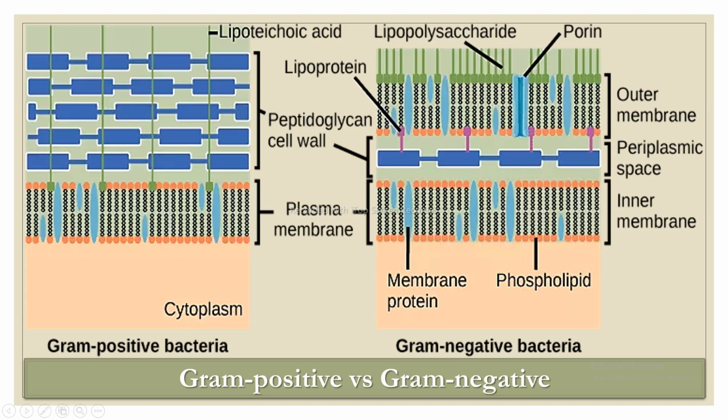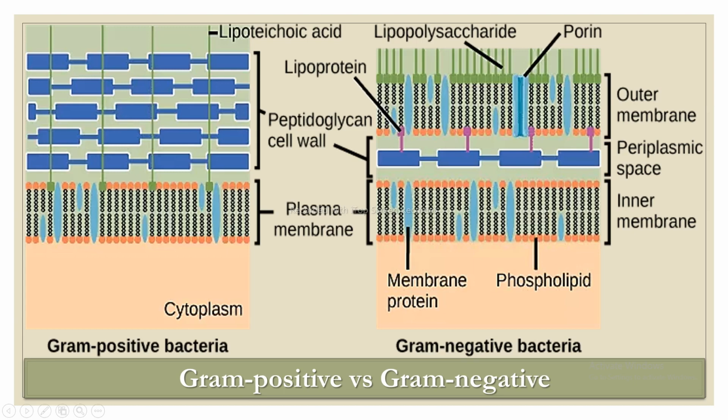And this is lipopolysaccharide in green color. This is outer membrane. And this is peptidoglycan cell wall, you can see here. And this is the lipoprotein in purple color. And this is the periplasmic space.